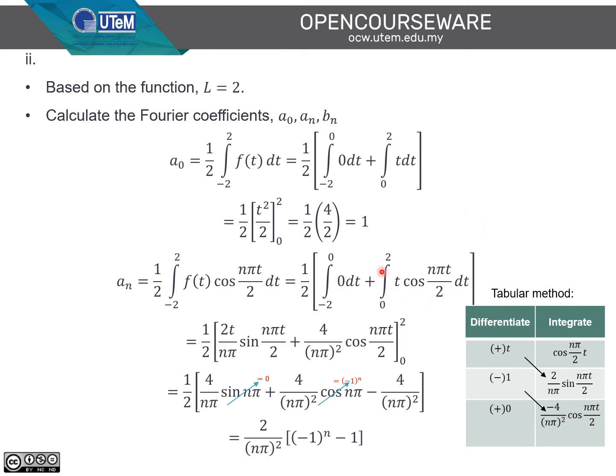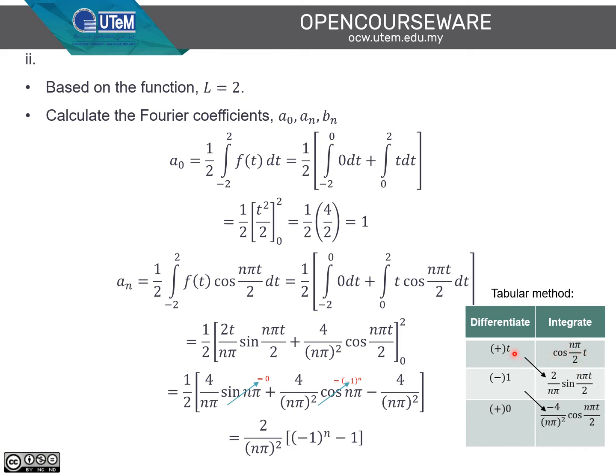In order to solve the second integration, we have to use the tabular method. So here is the tabular method, where we need to differentiate the function t and integrate cos(n pi over 2 t).